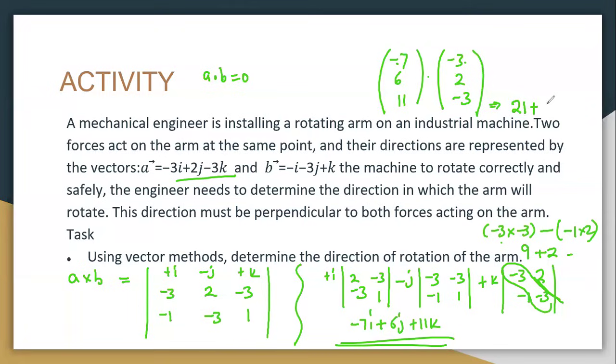Plus 6 times 2 gives us 12. Plus 11 times -3 gives us -33. And what do you get as your answer? 0. So the moment you find that the dot product of those two vectors is 0, then it means they are perpendicular. Okay, teacher. Thank you.